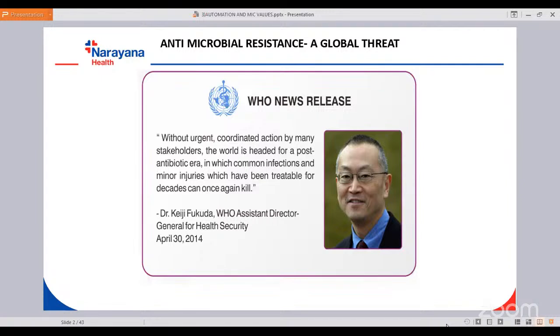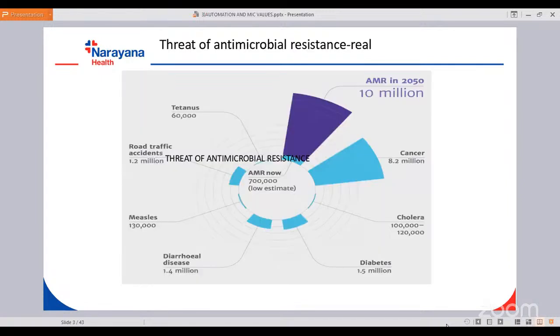And this was a statement that's really an eye-opener. Another point I would like to make is that the threat of antimicrobial resistance is real. It's not just whether your patient responded to your antibiotic or not, but globally and at a bigger level.